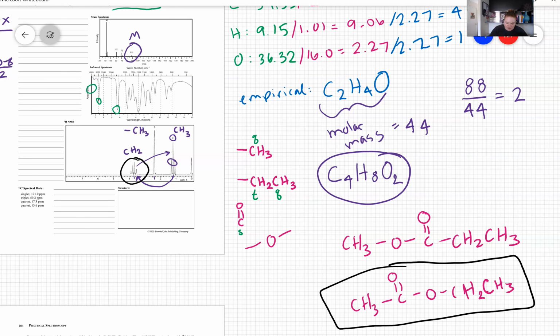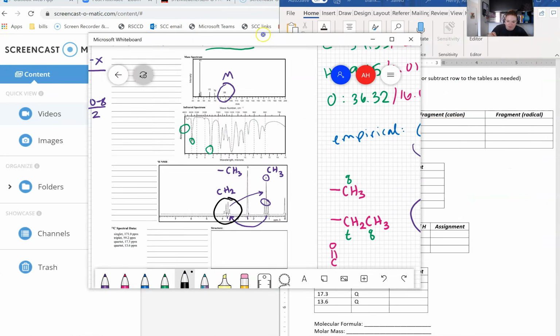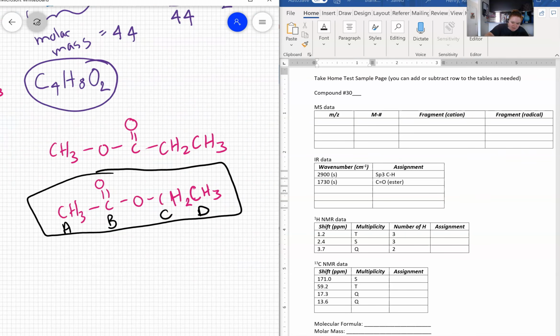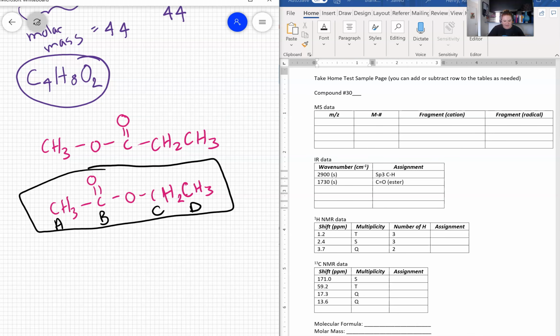So I'm going to just go across this and label this as A, B, C, and D. And then I'm going to go back to my tables and fill in those missing assignments.